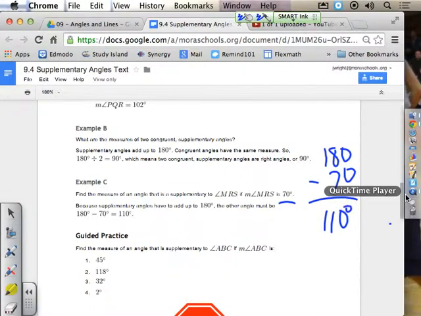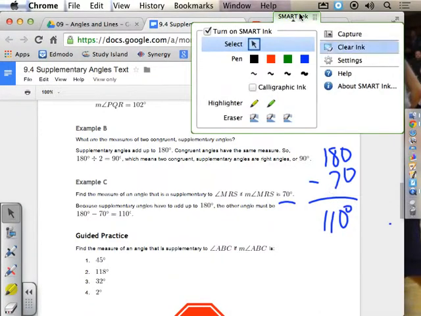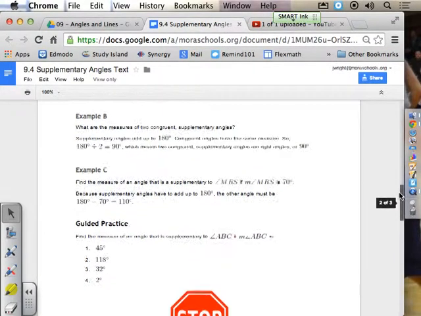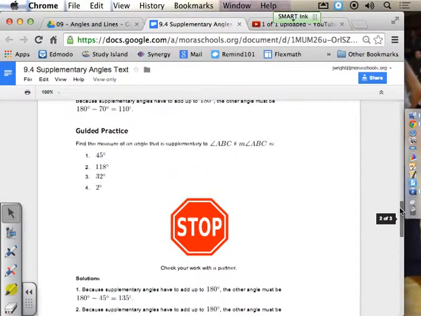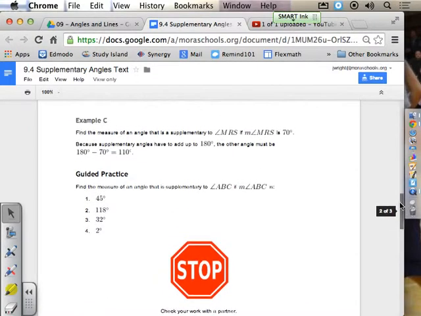That is the measure of the other angle. Quickly, I would like you to go through and pause the video and figure out the supplementary angle for 1, 2, 3, and 4. So pause it and go ahead and do those.